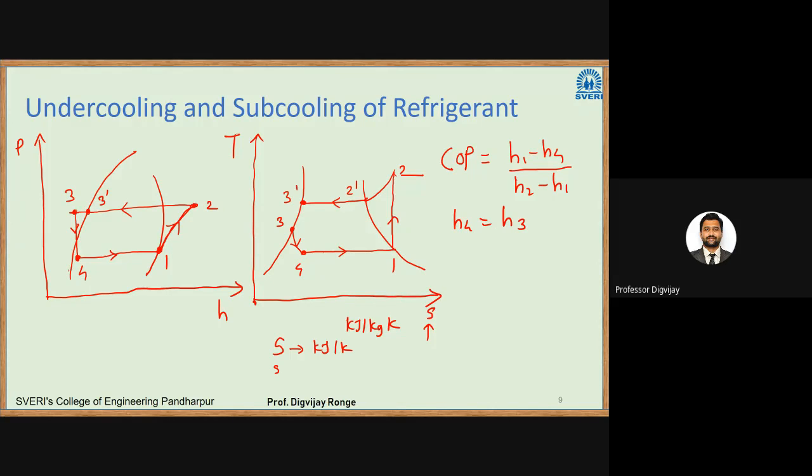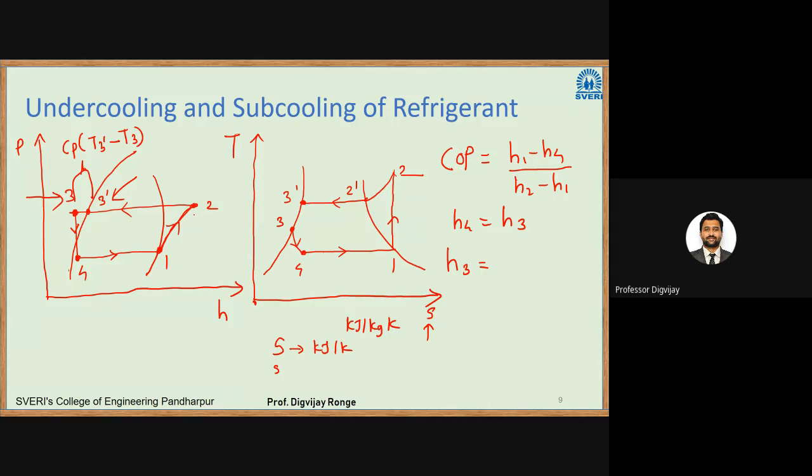How to calculate enthalpy at point 3? The enthalpy at point 3, H3, will be less than the enthalpy at point 3 dash. Agree? If you look at the diagram here, this will be the enthalpy at point 3 and this will be the enthalpy at point 3 dash. See, there is a gap between them. This gap will be Cp delta T, so Cp into T3 dash, because it is higher, minus T3.